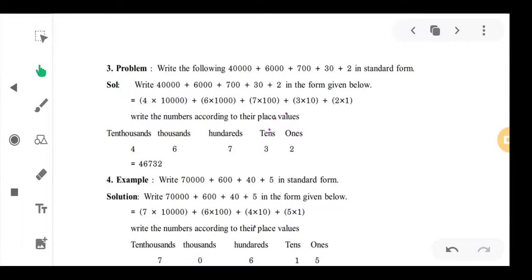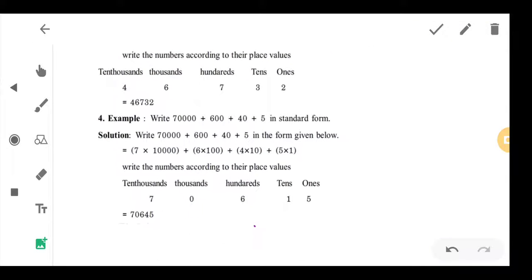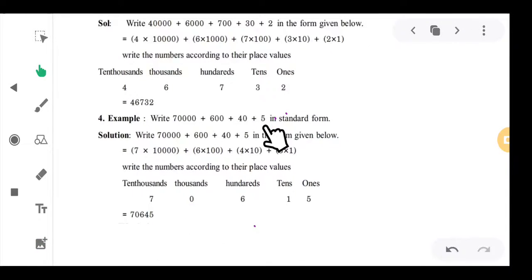Another example is here, 70,000 plus 600 plus 40 plus 5. So here there is 5 in ones place. At tens place 40, because here there is a 0, so tens place 4.